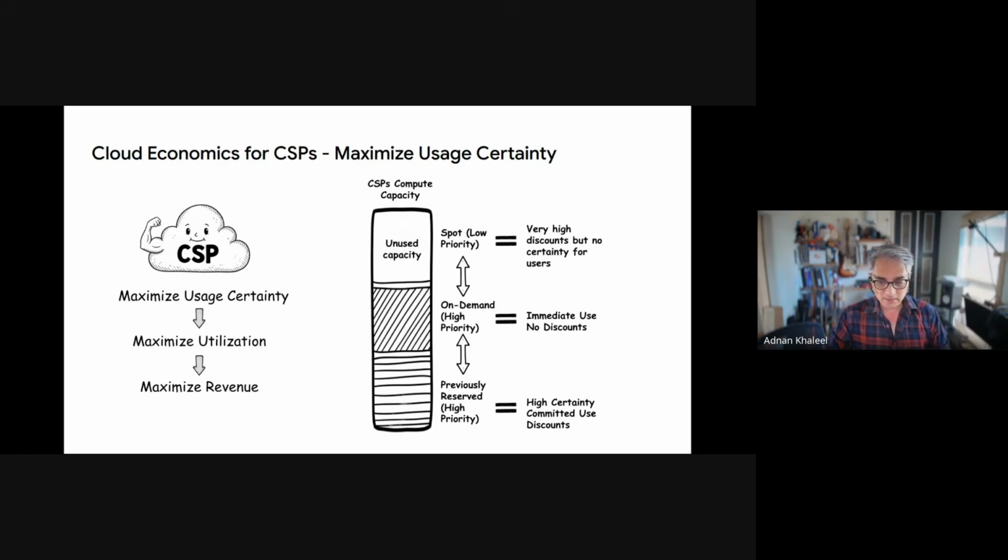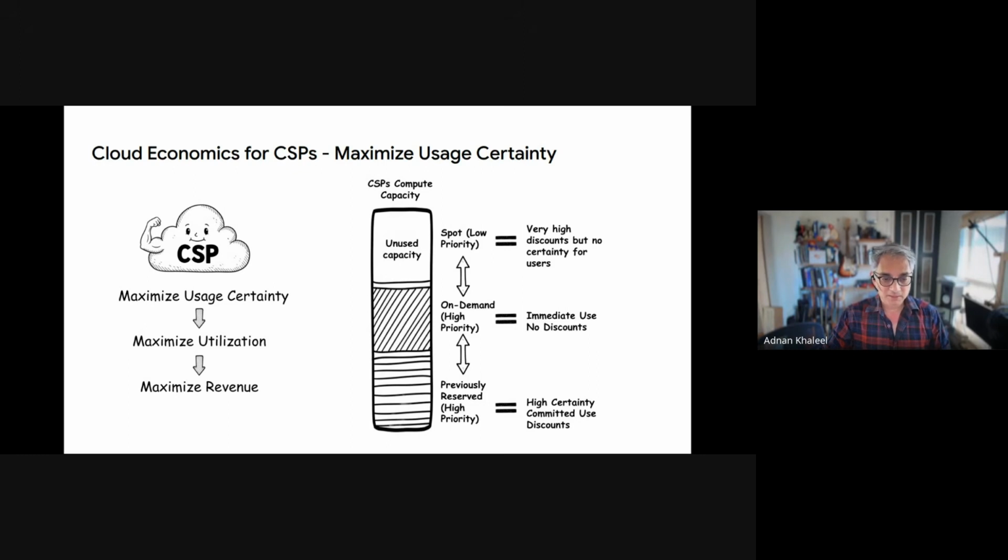Then there's the next tier, which is the on-demand, which is also very high priority, and that is for users who need compute today, right? And then, a CSP wants the unused capacity to be as low as possible, but that's not always the case, and there'll always be some unused capacity.